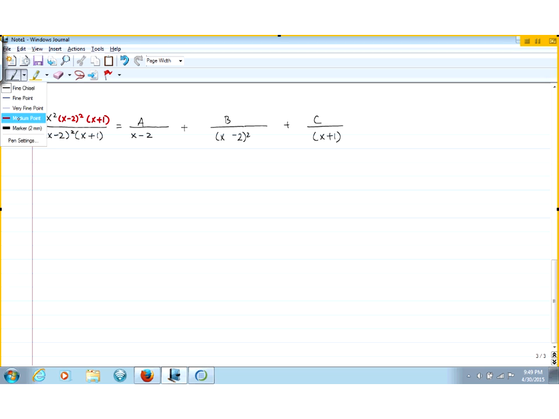Now, for the A, we have x minus 2 squared times x plus 1. So the B is x minus 2 squared times x plus 1. And the C is x minus 2 squared times x plus 1.